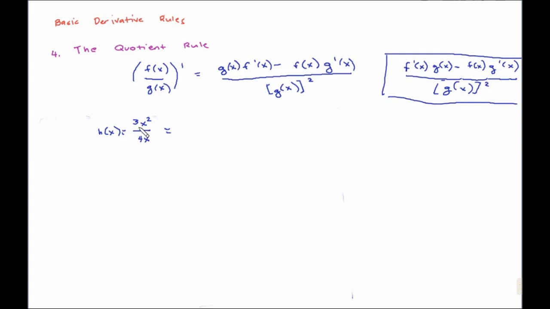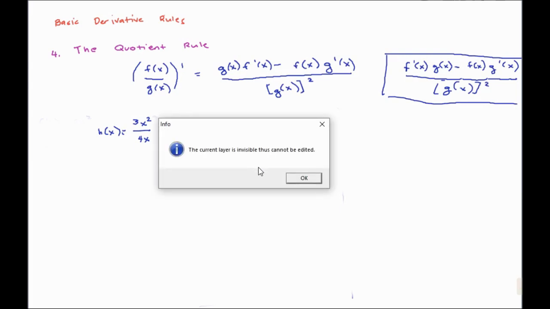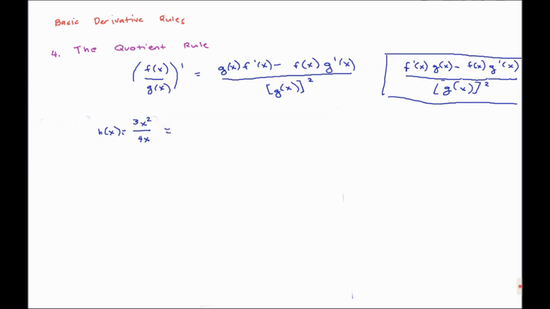Unahin natin yung first derivative ng 3x squared. So, first derivative ng 3x squared is 6x. Diba? Tapos yung second function, we have 4x.